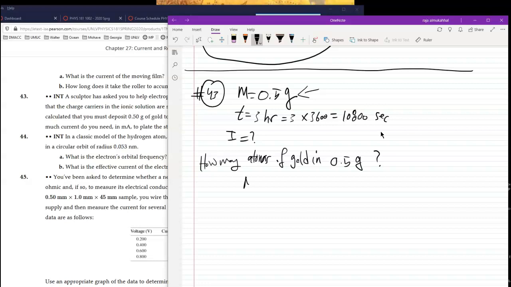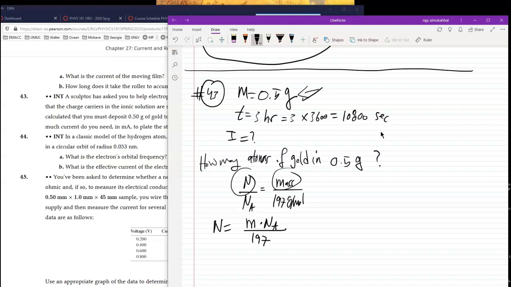I know that N, the number of atoms, over Avogadro's number gives me the mass of the sample divided by the atomic mass of gold. I looked it up already for you. It's 197 gram per mole. So N is equal to the mass M times Avogadro's number, over 197.